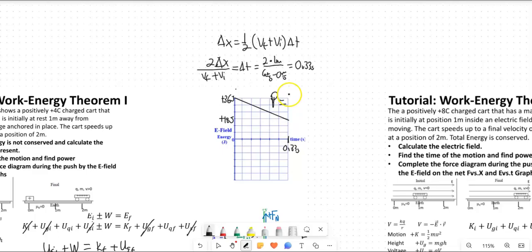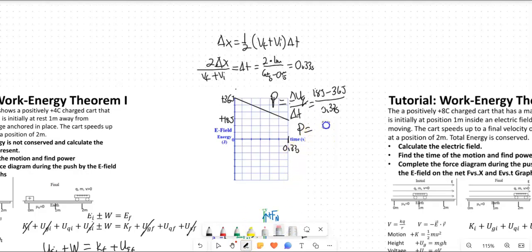Okay, so this is the delta U sub Q over time, which is the final potential energy, which is 18 joules, minus the initial potential energy, which was 36 joules, divided by 0.33 seconds. So that power is going to be negative 18 times 3.